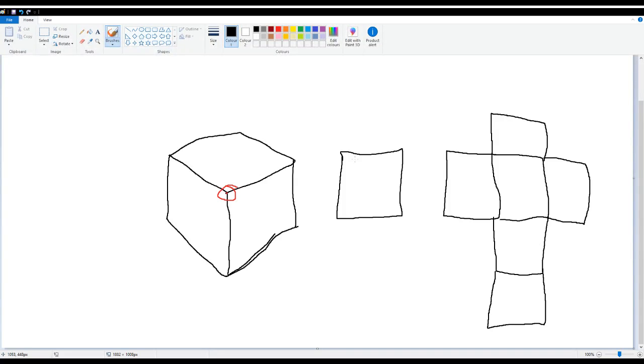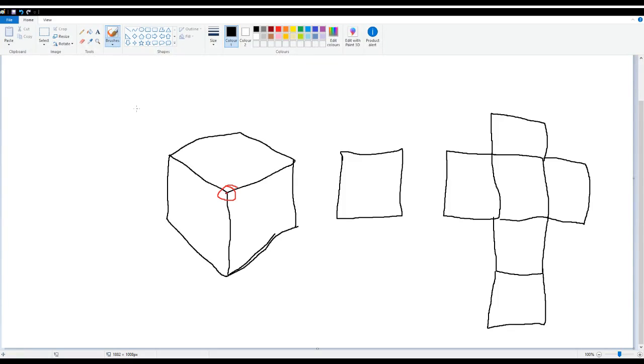Now, for blocks that are all equilateral shapes, that's fine. The problem arises when you have shapes that aren't perfectly square.